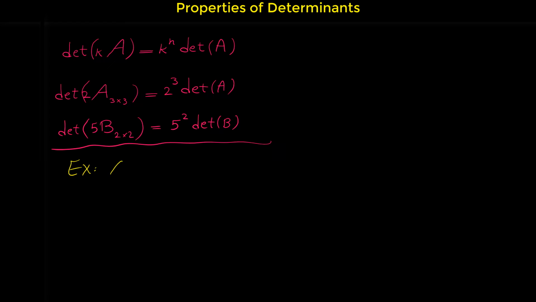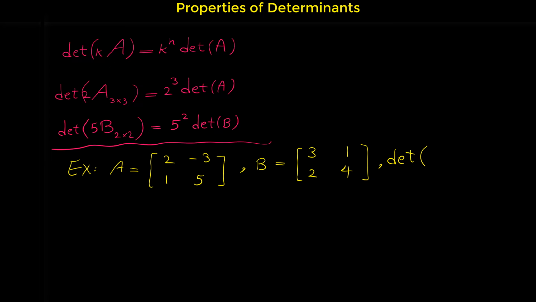Suppose we have a matrix A in the form of 2, negative 3, 1, 5, and the matrix B is equal to 3, 1, 2, 4. Then we are asked to find the determinant of 3AB.